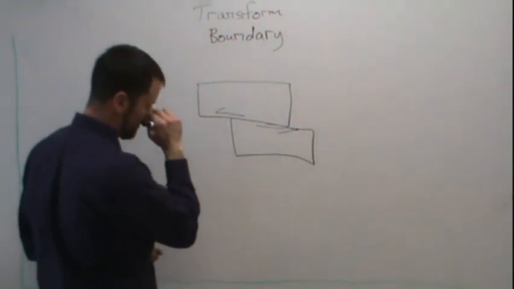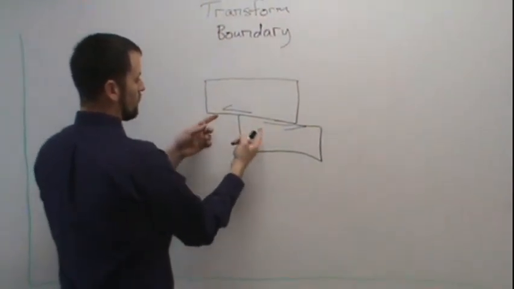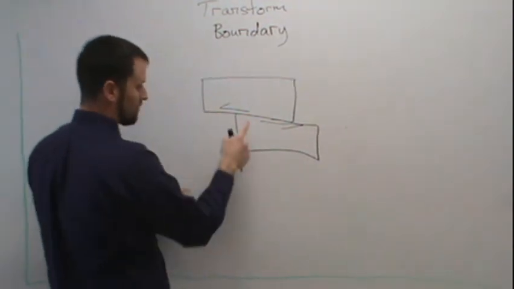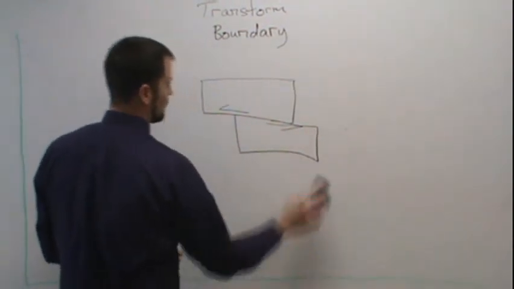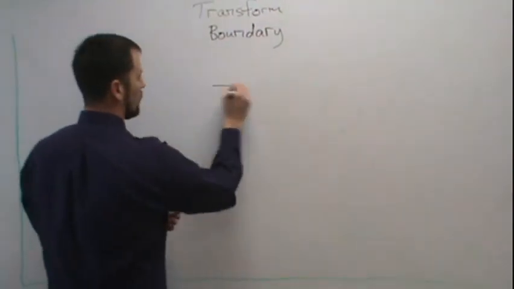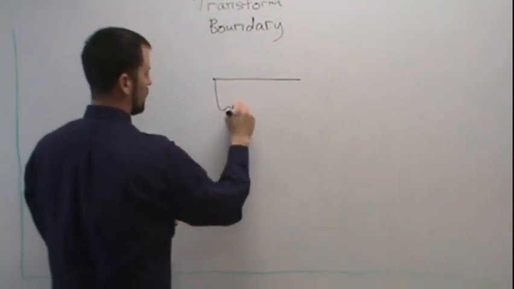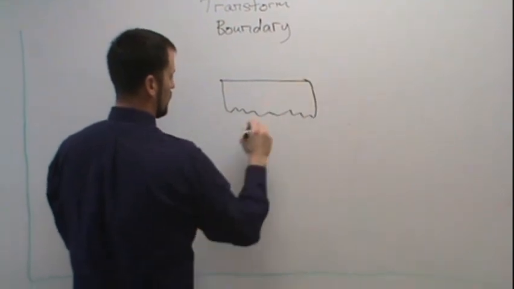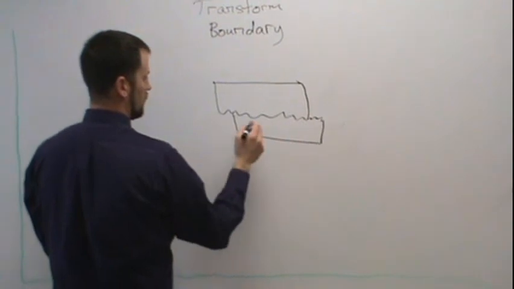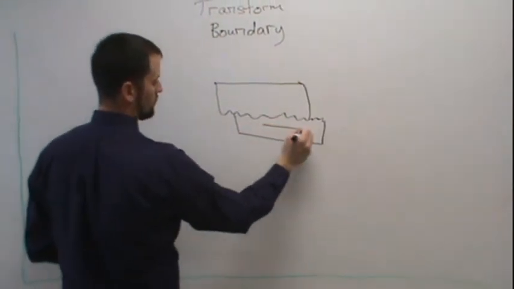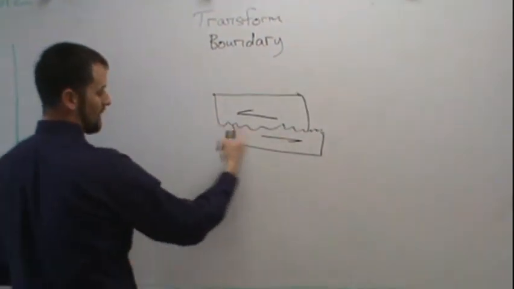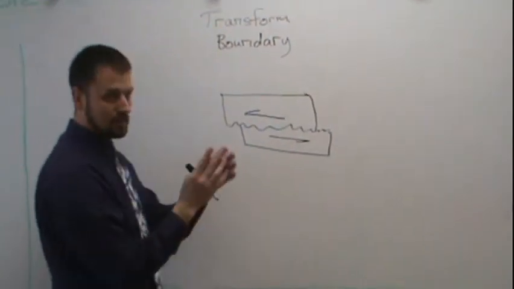And what happens is they're moving alongside of each other, and they get caught, because they're not smooth like this. Let me draw this a little differently here so you can see what happens. All right, so one's moving this way, one's moving this way. Now you can see that it's not perfectly smooth and straight where they connect.